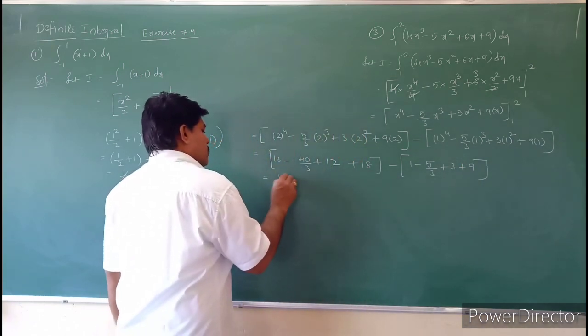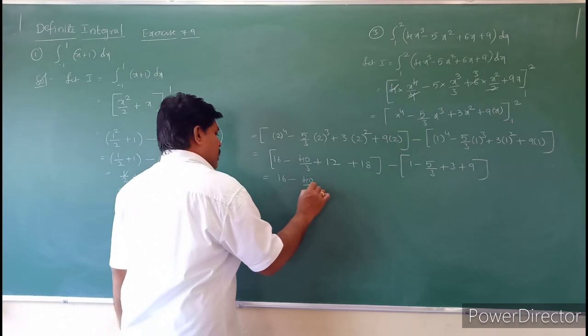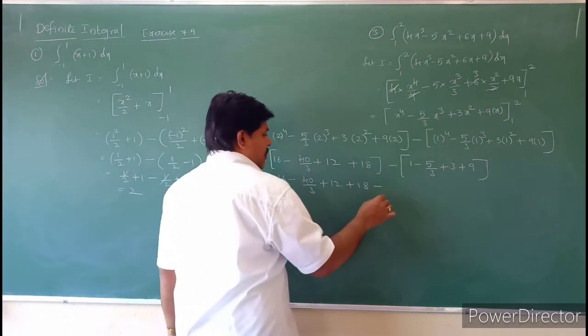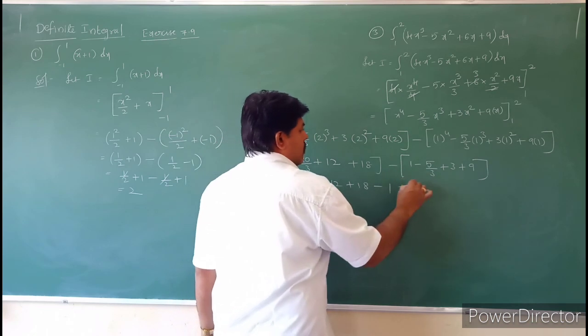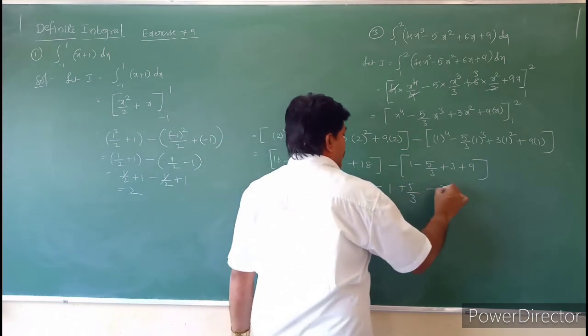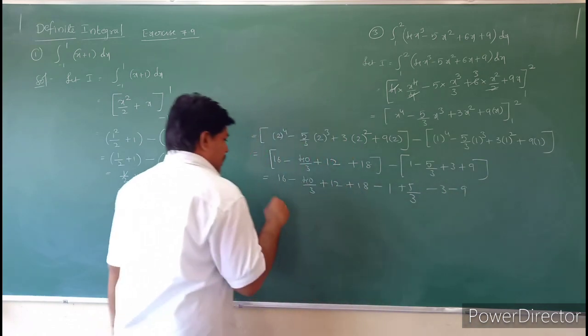So 16 minus 40 by 3 plus 12 plus 18, and apply the minus, students: minus 1 plus 5 by 3 minus 3 minus 9.